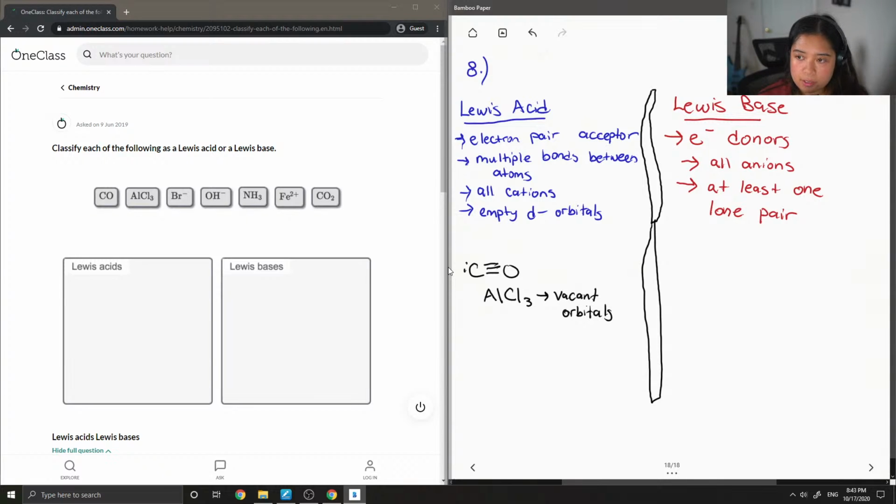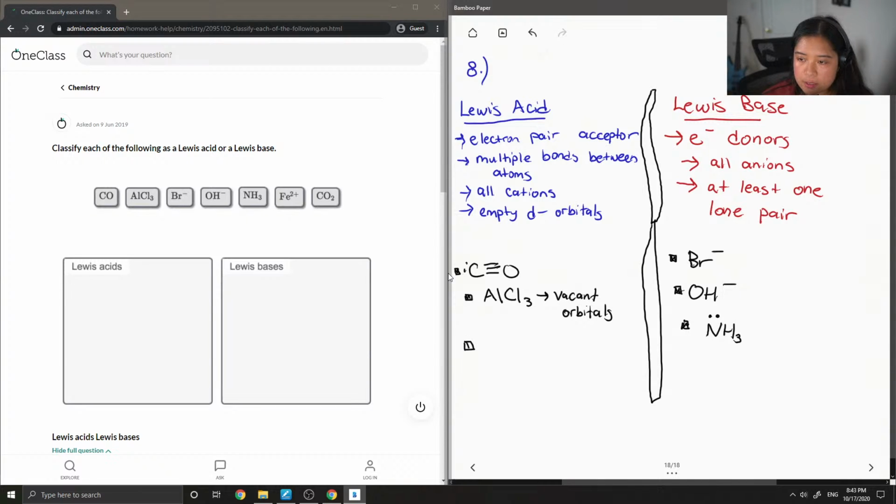For the bromine, it is negatively charged, so I'm going to put that in the Lewis base side. Same thing for the hydroxide ion, it's a Lewis base. So NH3 is also a Lewis base. It's because this nitrogen has a lone pair.